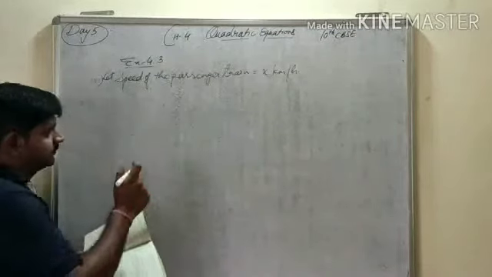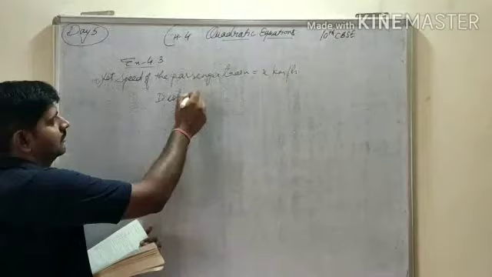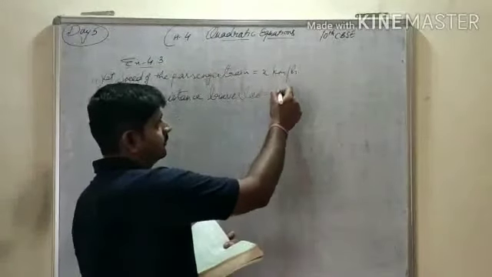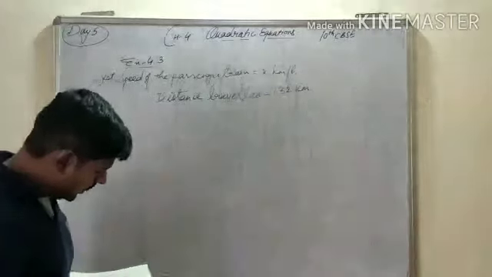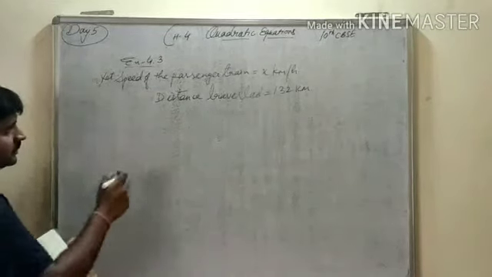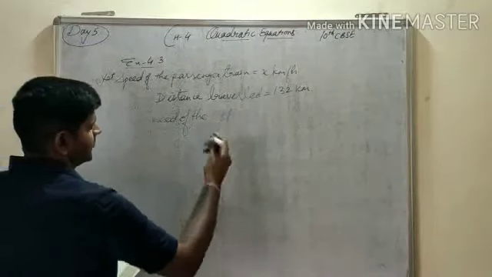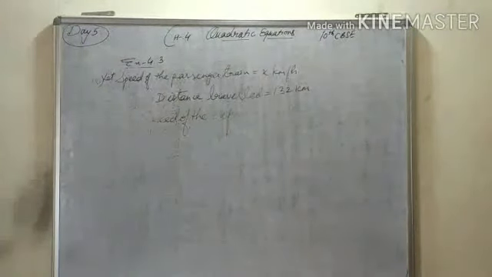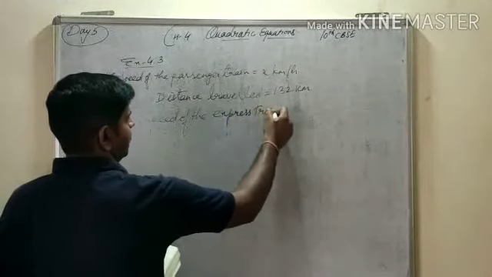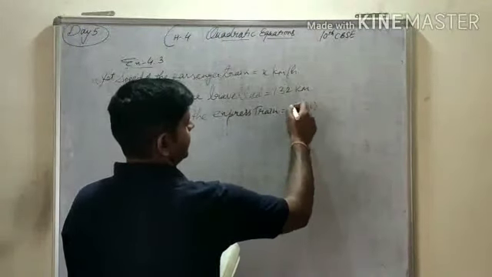So distance traveled is 132 kilometer. According to the question, speed of the express train is 11 km per hour more. So x plus 11 km per hour we can take.